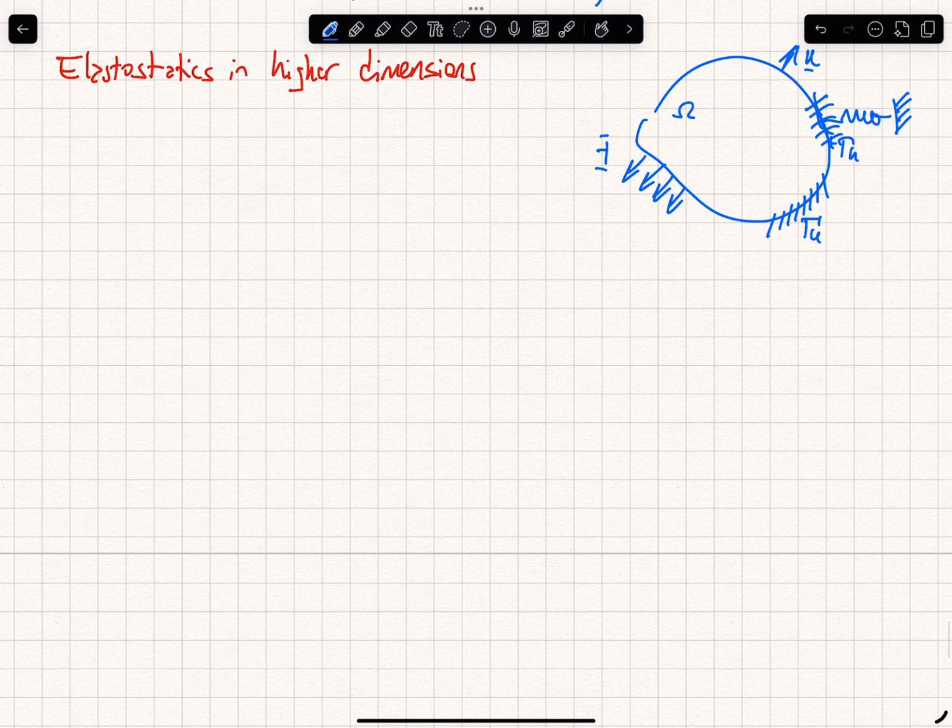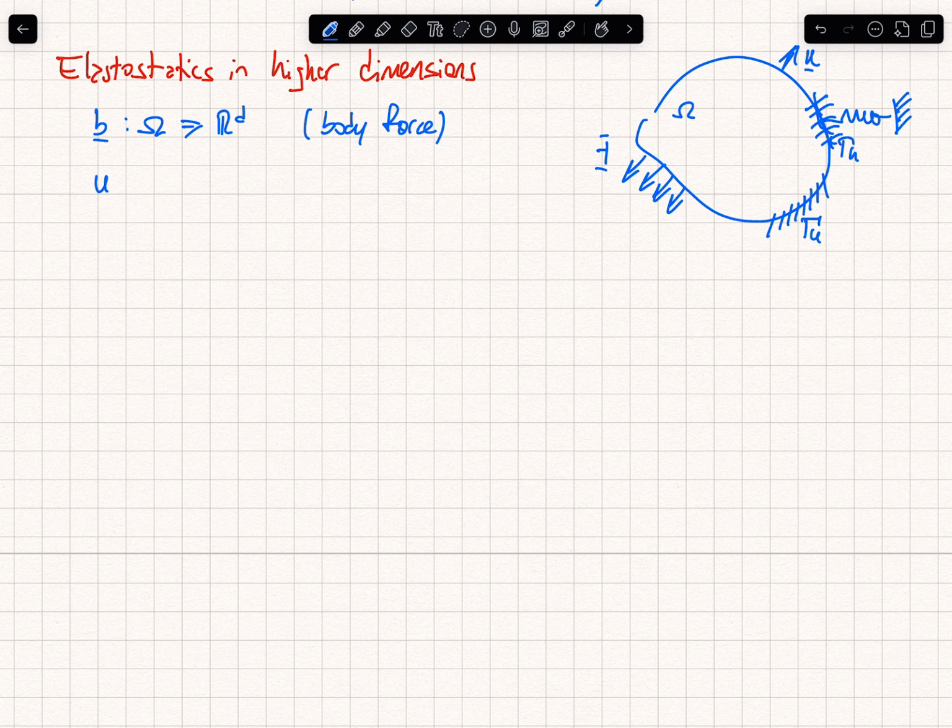So again, given some quantities, and what are those quantities? Well, we have the body force, B, which is actually omega, but now we are dealing with a vector field, so this is in R^D. D is the dimensionality of the problem, so that is going to be 2 in 2D, 3 in 3D. This is the body force.